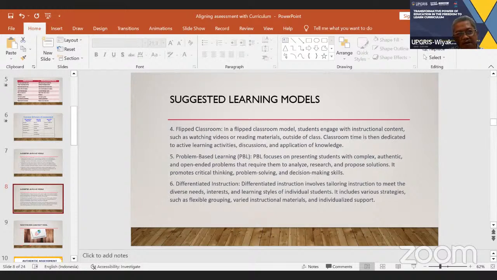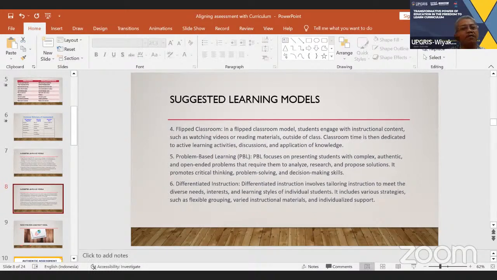Of course, it will be ironic. We give them project-based learning, but at last our instrument for measuring the learning outcome is in the form of multiple choice. Of course, we should not do that because it's very different from the requirement for the project or for problem-based learning, right?